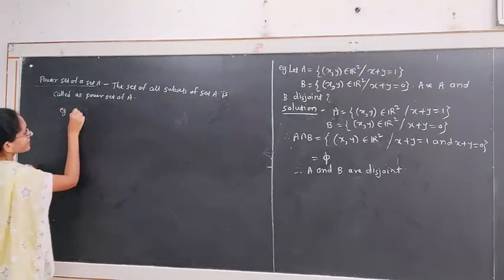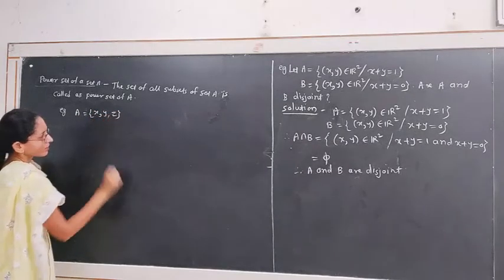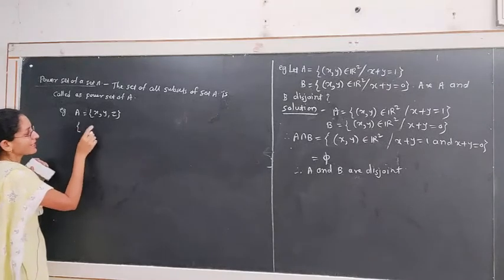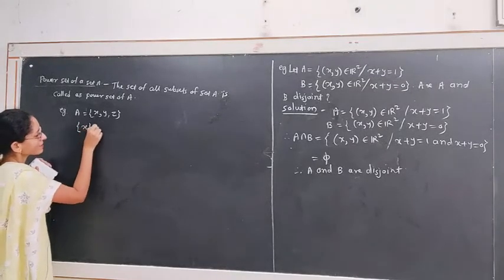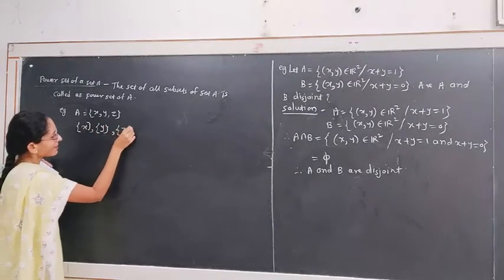Example: consider the set A is equal to {x, y, z}, a set of 3 elements. Then we write its subsets. The subsets containing one element are {x}, {y}, and {z}.